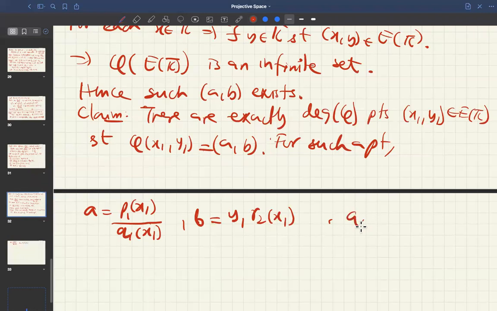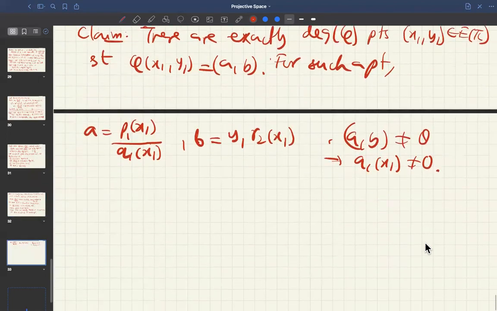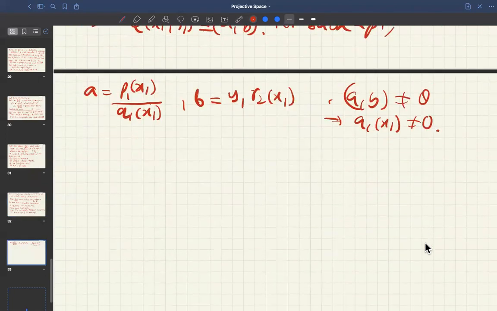Now this (A, B) is not a point at infinity, which implies that Q1(x1) should not be 0. So far we have this.